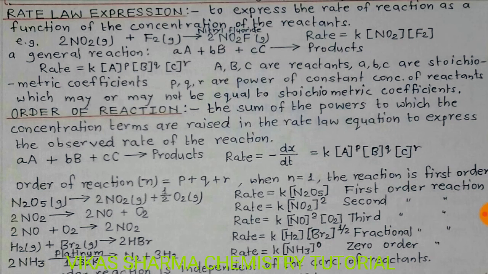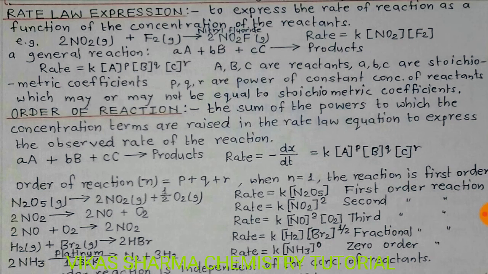Third example: 2 moles of NO plus 1 mole of O2 give 2 NO2. So the rate of reaction is equal to k[NO]^2[O2], and O2 is 1 mole. So 2 plus 1 is equal to 3, it is a third order reaction. Fourth example: H2 plus Br2 forms HBr, hydrogen bromide.